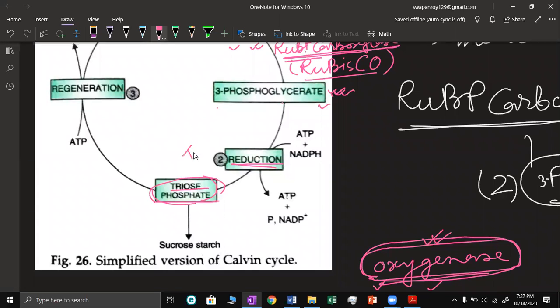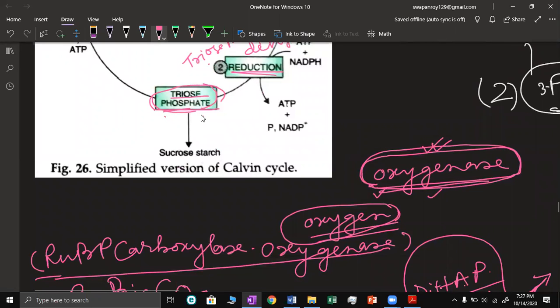The enzyme here is triose phosphate dehydrogenase. So in the presence of triose phosphate dehydrogenase, the 3-phosphoglyceric acid is converted into 3-phosphoglyceraldehyde, PGAL. From here, you can see there is a chain of reactions.